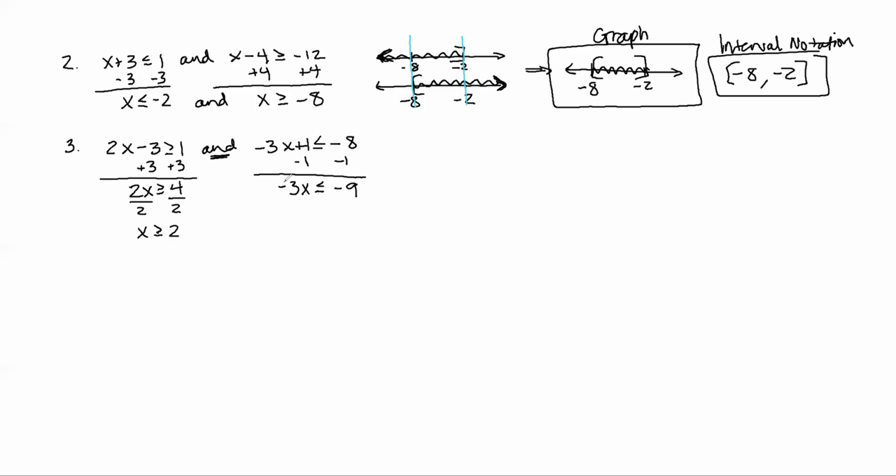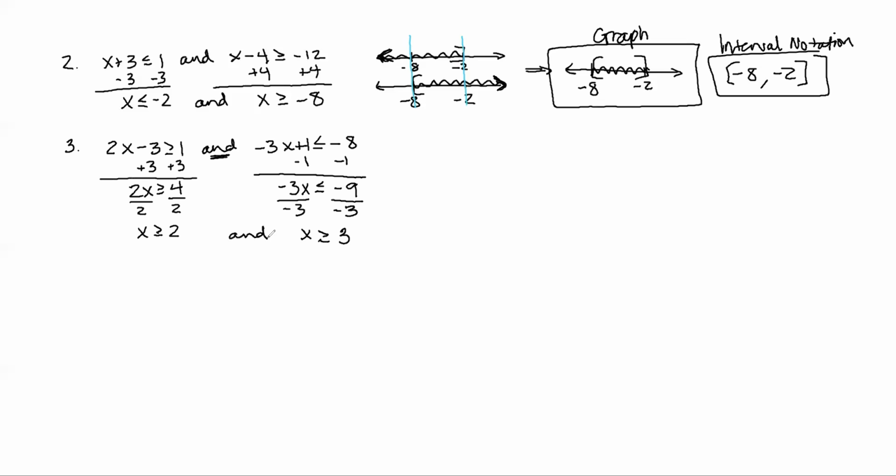And now remember, when we divide by this negative 3, anytime we divide or multiply by a negative, what do we have to do? We have to flip our inequality. So we get x is greater than or equal to positive 3.